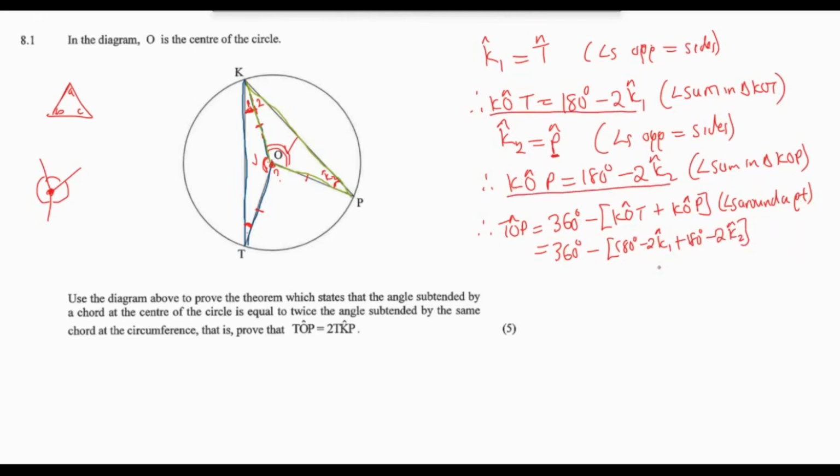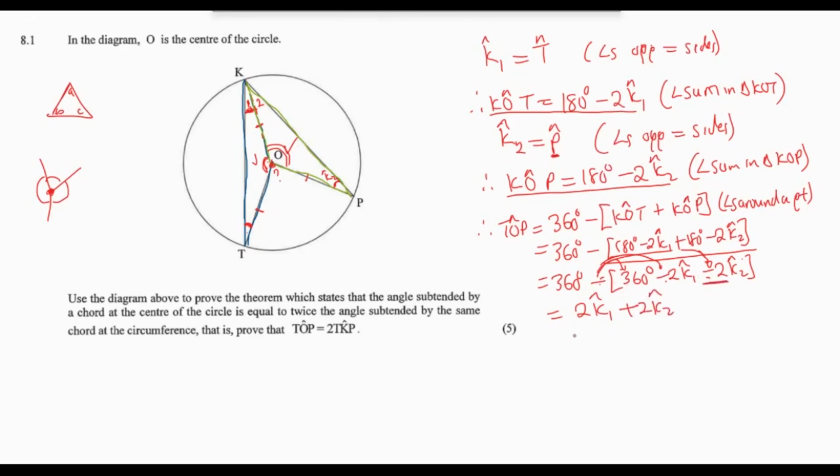You see that? And then now we can simplify inside the bracket. It becomes 360 degrees minus 360 degrees minus 2 times angle K1 minus 2 times angle K2. And then if you remove this bracket, this is going to be 360 degrees minus 360 degrees, which is 0. Then negative times negative here becomes 2 times angle K1. Then negative times negative there becomes 2 times angle K2.